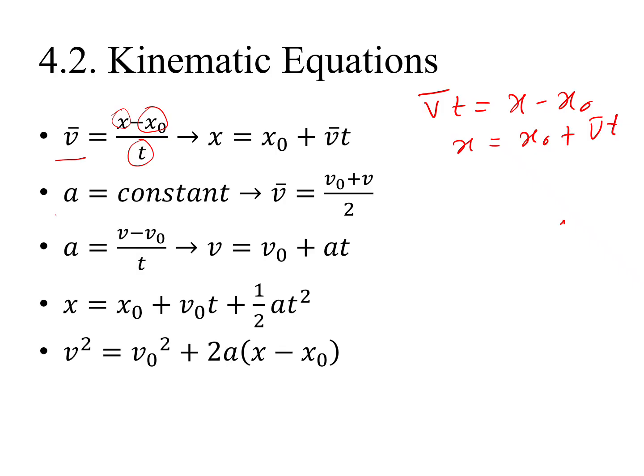And the acceleration is a constant. So in that case, the average velocity is equal to v naught plus v, which is the initial and final velocity added together, divided by 2. And also, we have the definition of acceleration, which is change in velocity, v minus v naught, divided by t.